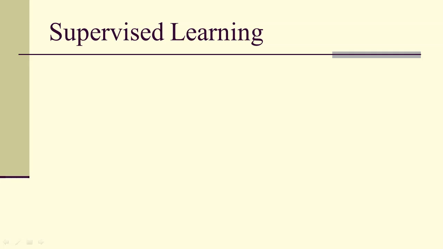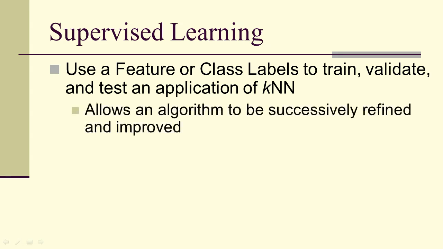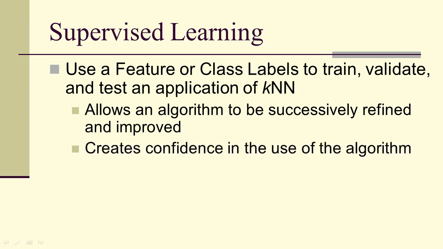So we need supervised learning, and that means we often use a feature or class labels to train, validate, and test an application. So when we do supervised learning, that means we get the ability to successively refine and improve based on whatever we're using for the labels.